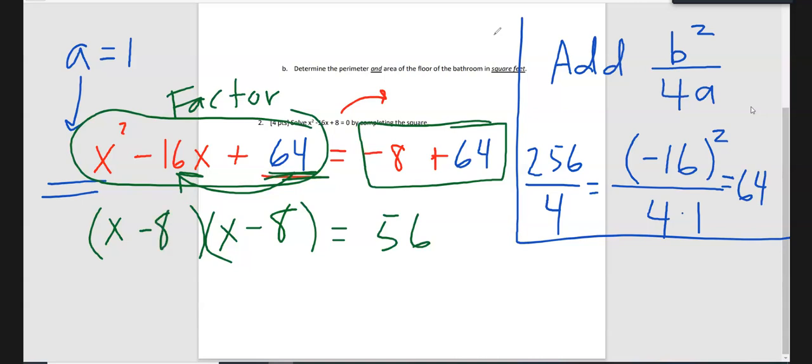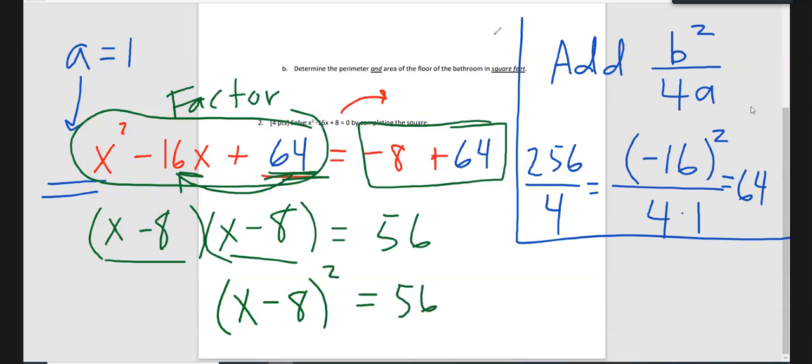Now, completing the square means that these two things are going to be the same. They always will be the same. If you've added the correct number to both sides, then when you go to factor it, you're always going to get something squared. Always. How do you get rid of a square?